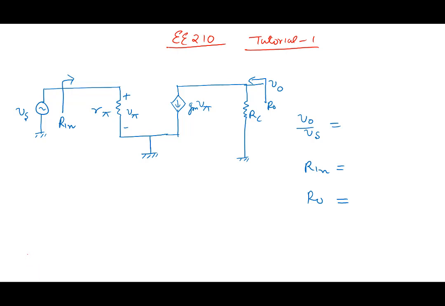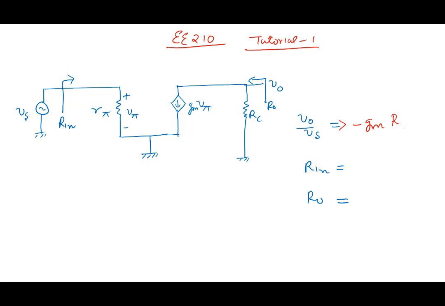You don't have to calculate anything. What is the answer? V0 by Vs is equal to minus, don't forget the minus sign, minus g_m R_C.